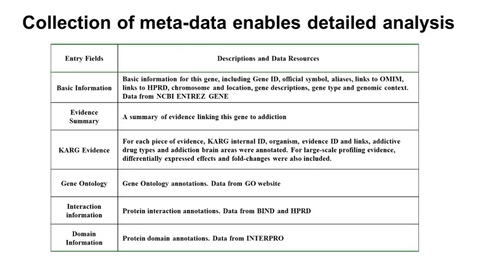When we collected genes related to addiction, we collected not only the data, but also the metadata, meaning that for each gene linked to addiction, we also collected the experimental details, such as the type of experiments, the parameters, the species, the brain regions when available, and so on.